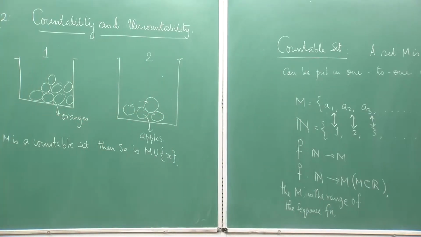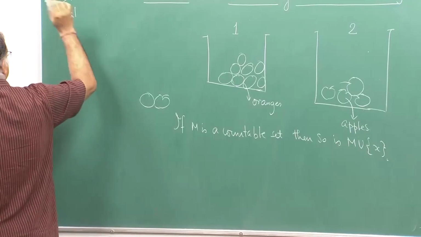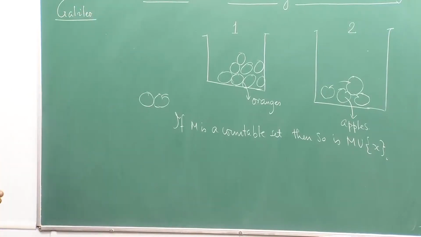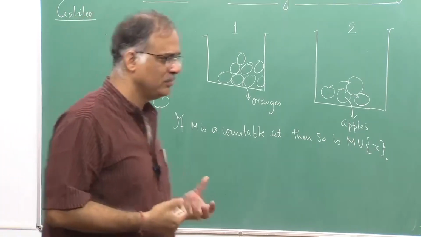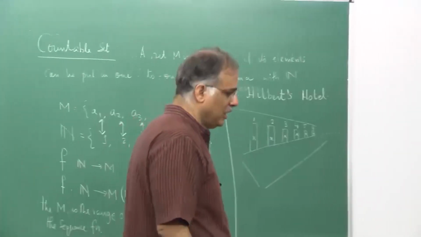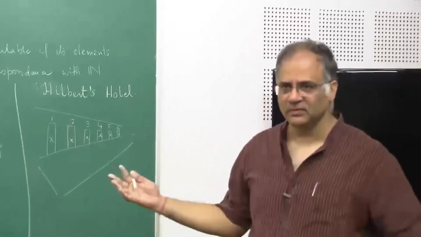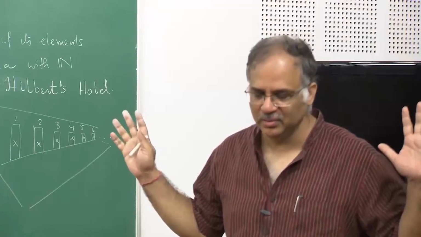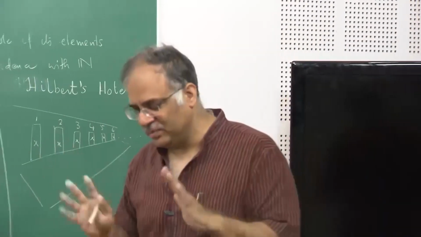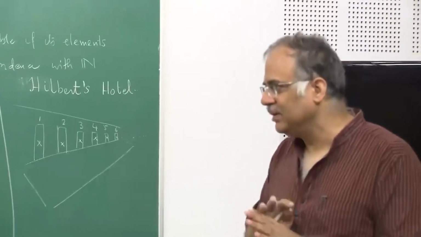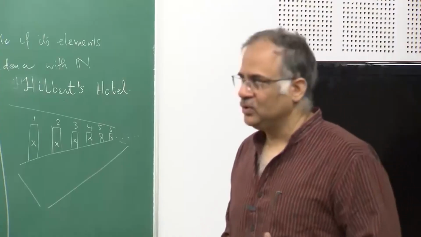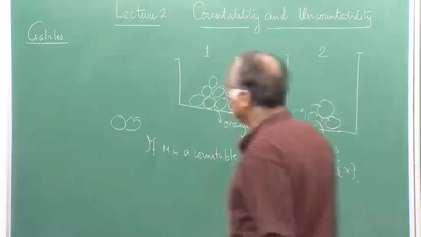So, Galileo observed, for example, this very strange phenomenon about the infinite world. If you take the set of odd numbers, 1, 3, 5, and the set of even numbers, 2, 4, 6, 8 and so on, these are subsets of N. Suppose I take this set O, the odd, and E, the even.